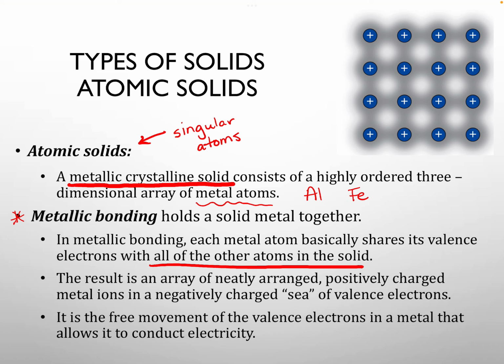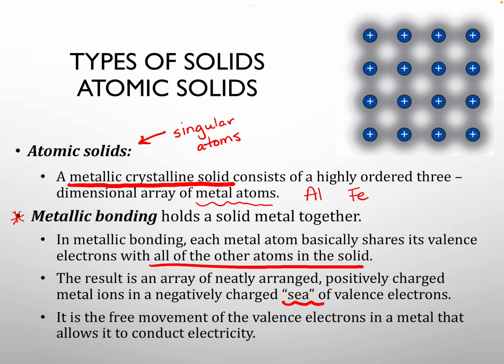And so we call this network or array of metals a sea of electrons, where the electrons can move about. All of the electrons can move throughout this entire solid. So they end up being a bunch of metal cations with the electrons just floating around in the solid. It's a little bit weird to think about, right?